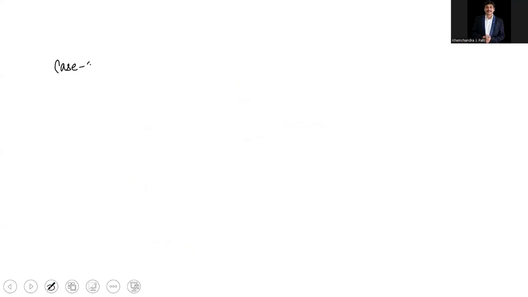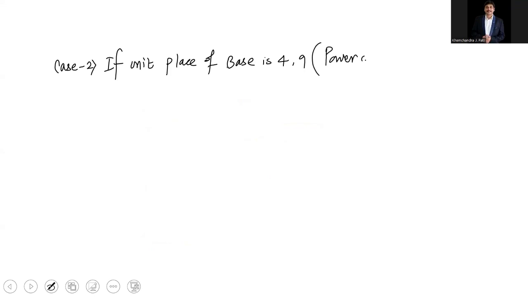केस नंबर 2, if unit place of base is 4 or 9, that is power cycle of 2. पावर साइकिल ऑफ 2, जिसको हम साइक्लिसिटी ऑफ 2 भी बोलेंगे. तो उसमें क्या होता क्या है?